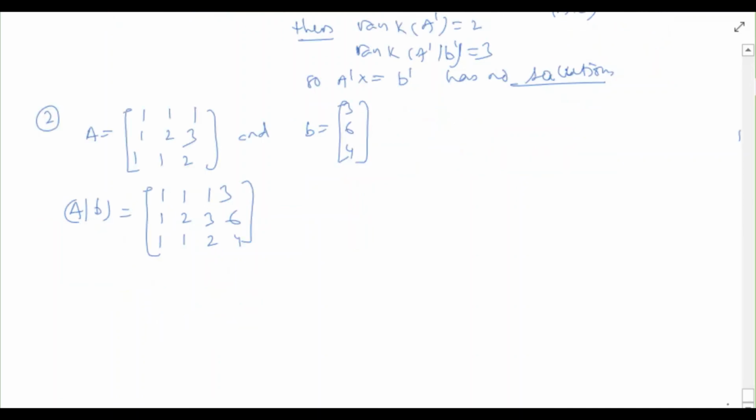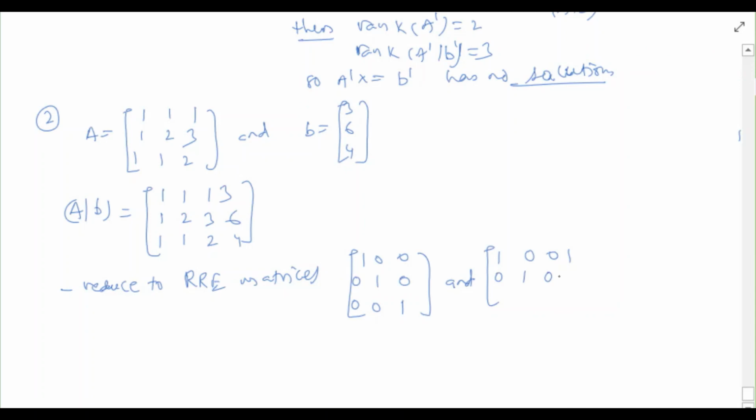Again, if we apply a series of elementary row operations, A and AB are reduced to reduced row echelon matrices: the identity matrix, 1 0 0, 0 1 0, 0 0 1, and 1 0 0 1, 0 1 0 1, 0 0 1 1 respectively.